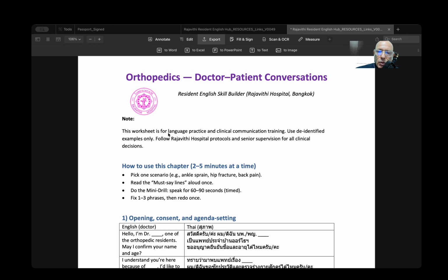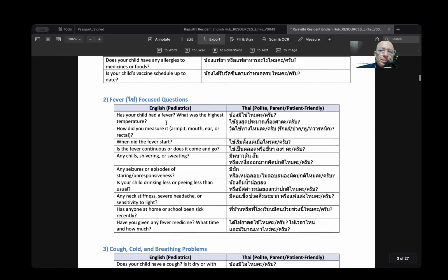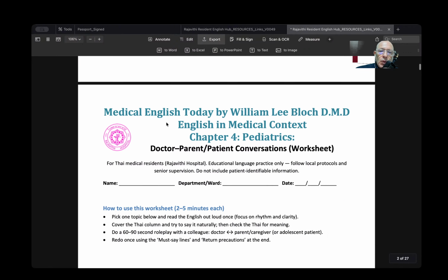All right, let's take a look at our PDF for today. Page 2.